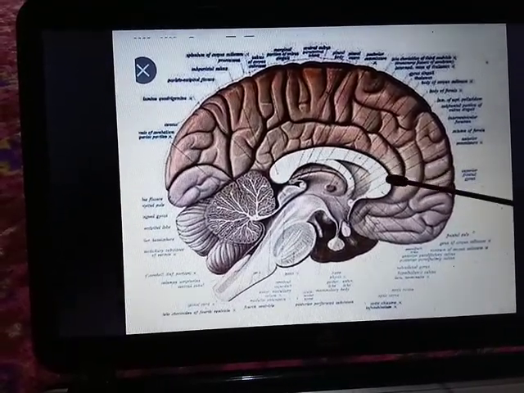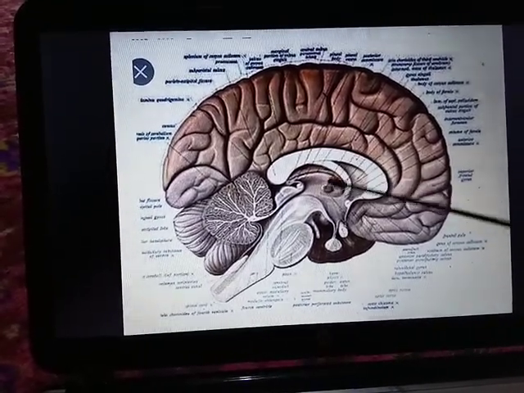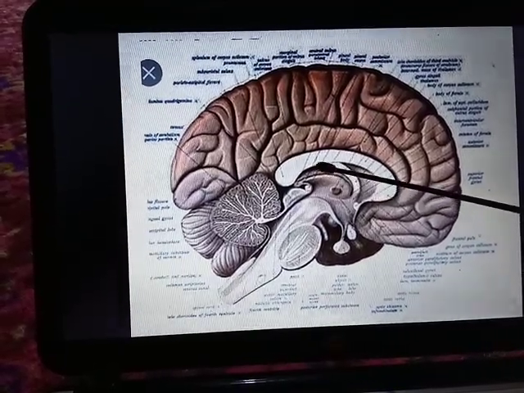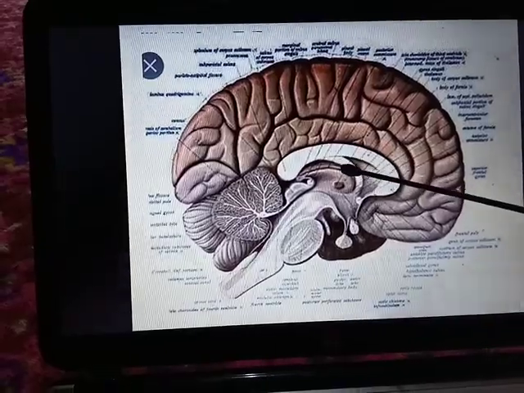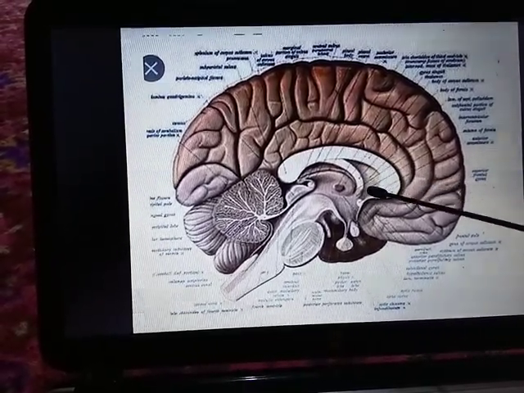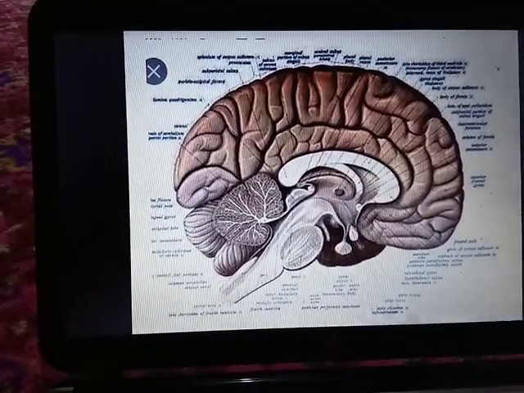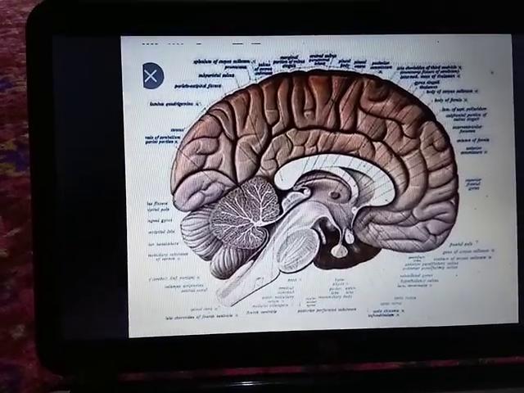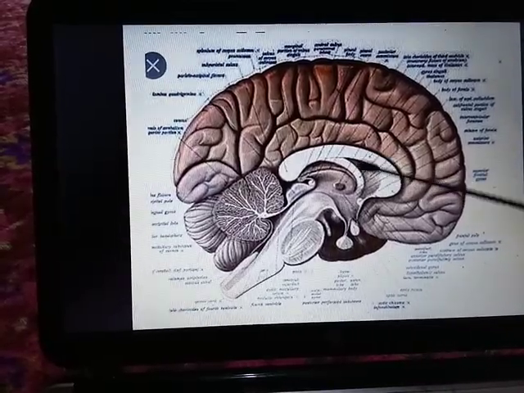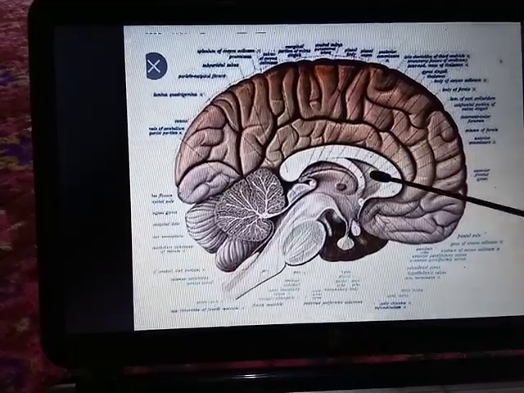After discussing the corpus callosum, see the structures beneath it. You have another white matter band, this is the fornix. In between this fornix and the corpus callosum, there is a curtain-like material called the septum pellucidum or septum lucidum.